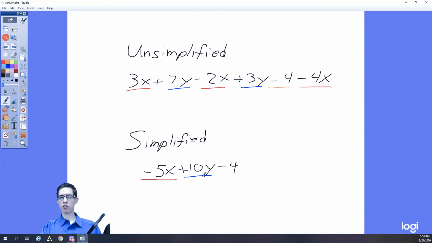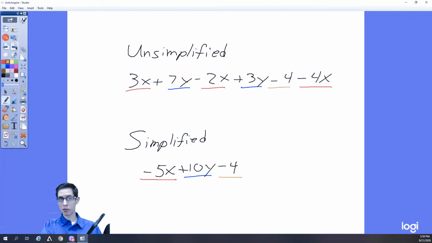And then we had just the one negative 4. That was all I had as far as terms that were just a single coefficient. There are no variables on that term, so I just left it alone. I copied it straight down. And this is as simplified as this expression can be. We cannot combine any other terms together. The negative 5x and the positive 10y don't mix because they don't have the exact same thing.